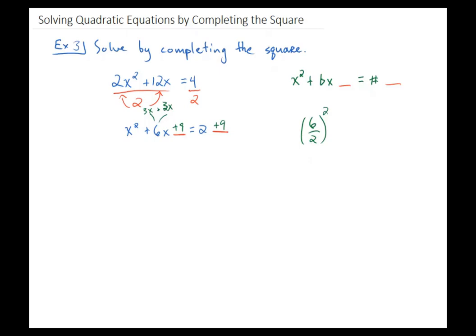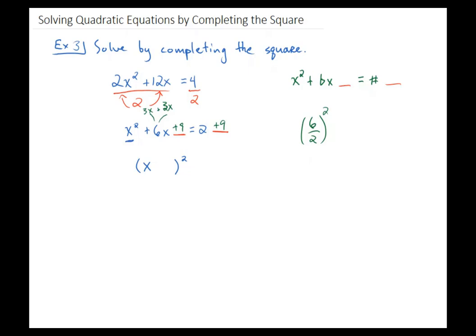And once we have that sorted out, then I know that this trinomial on the left is going to factor as a binomial squared. I know the first slot's going to be x. That was why I did this whole part where I had to divide off the leading coefficient if it was anything but 1, because the only way to factor an x squared is into x and x.